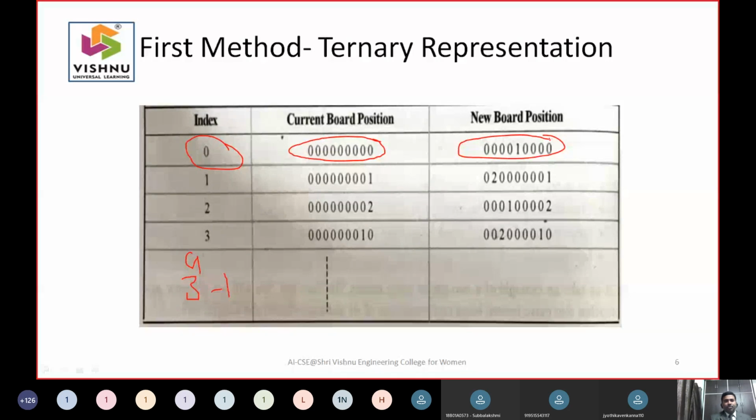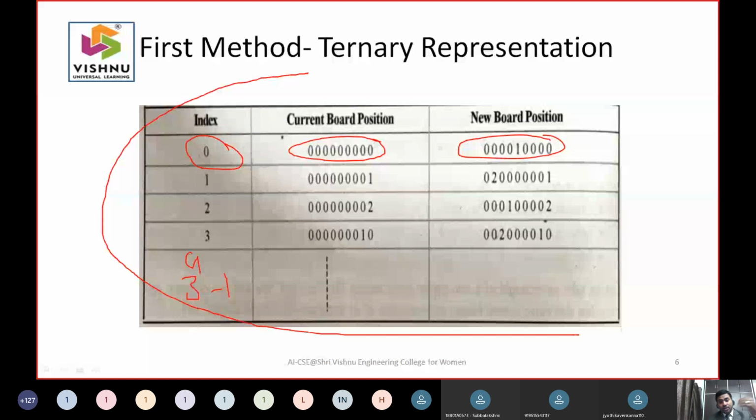If somebody asks what the problem is if you represent blank with 0, A with 1 and B with 2, every time I need to explore all these 3 power 9 values: what is the current state and how many possible next states are there? Then, if you finalize the next state, what are the other possible moves? It's very difficult and consumes more memory, because we have taken a data structure where it can store the current position as well as the new board position, and then it has to play.